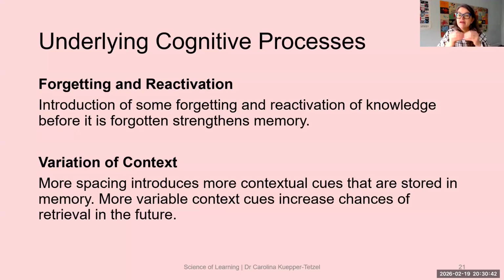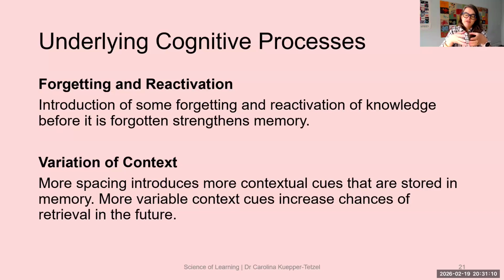Now, whenever we study, however, that's not the only information that we store in our memory. We store context information as well. So, for example, the temperature in the room, the weather outside, our mood, so what mood we were in. And those are all contextual variables that are also stored in our memory, okay?